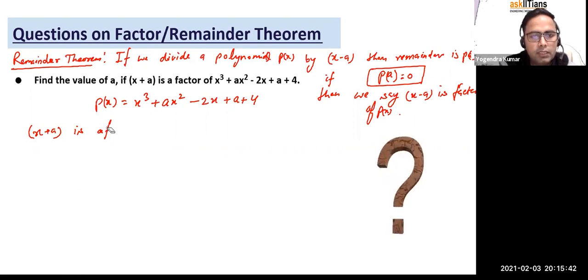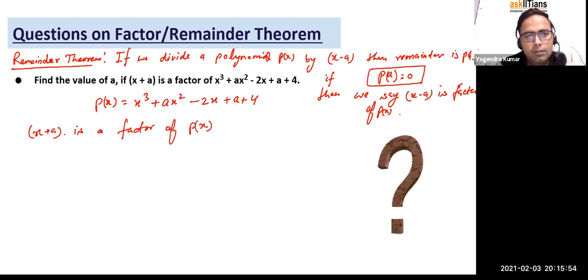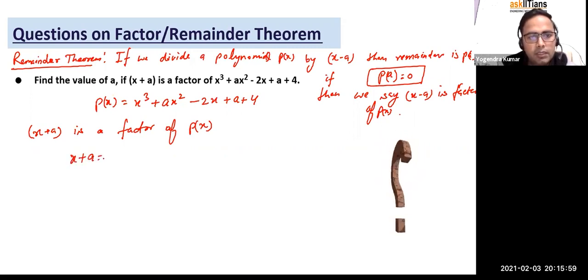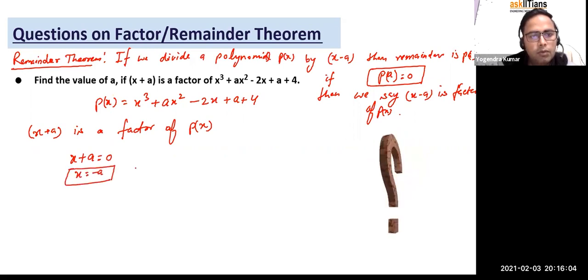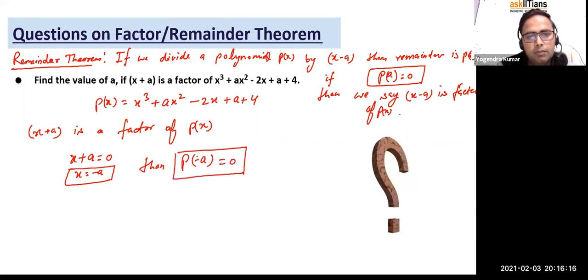If it is a factor, then x plus a equals 0, so x is equal to minus a. If x plus a is a factor of p of x, then p of minus a has to be 0.